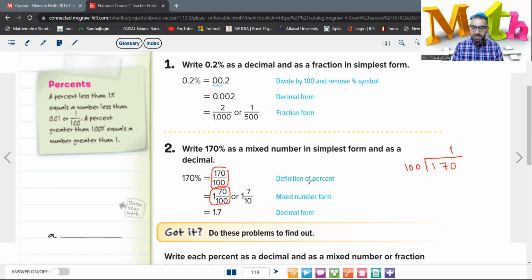It contains 1. 1 times 100 is 100, minus this will give 7. So really it's 1 and 70 over 100. And you continue simplifying to be 1 and 7 over 10 and to make decimal as 1.7.